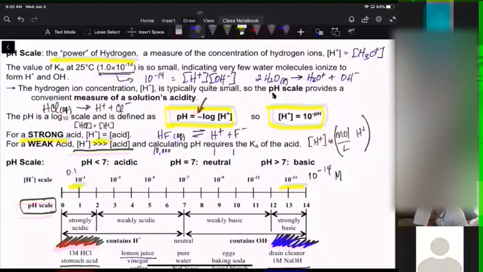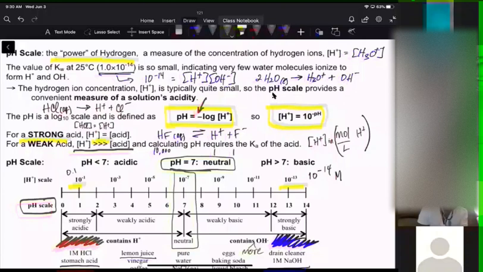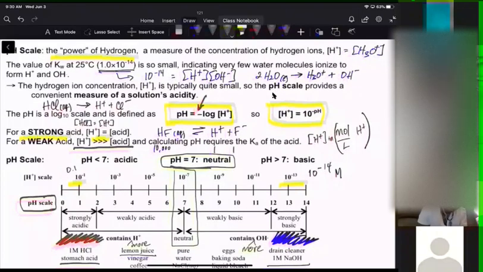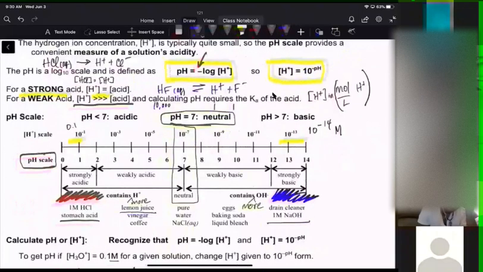So the question is, if they're equal, we're right here, neutral. If you have extra OH, if you have more OH, then it will be basic. They're all present in solution, but here we're saying on this end, the H plus is greater than the OH minus.